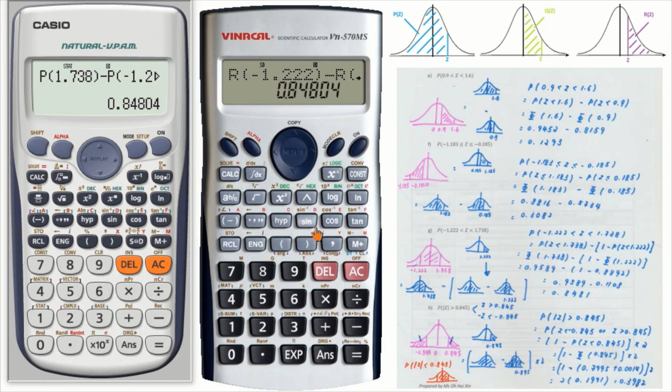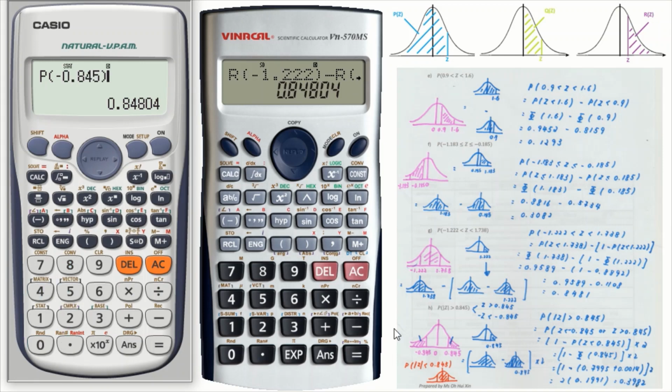All right. Okay, so for H, you have no way to do that. You still need to know how to solve your modulus. So the calculator cannot help you to do that. So the only thing you can do is use this one and this one. Without using a very difficult method, you know that you want to find this area, so it will be P negative 0.845.